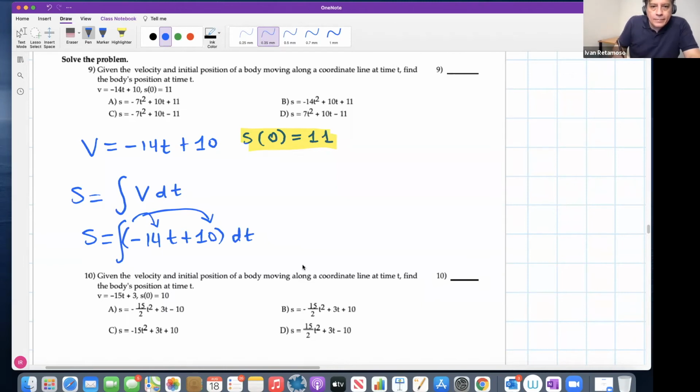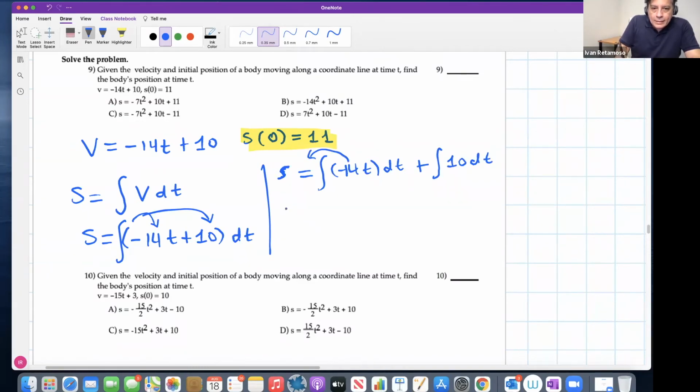Okay, so let's explain this. If you distribute your antiderivative here, you're going to get that S is equal to the antiderivative of minus 14t dt plus the antiderivative of 10 dt, right?